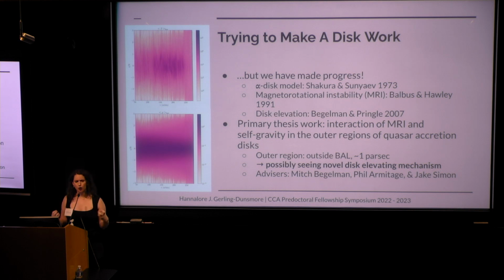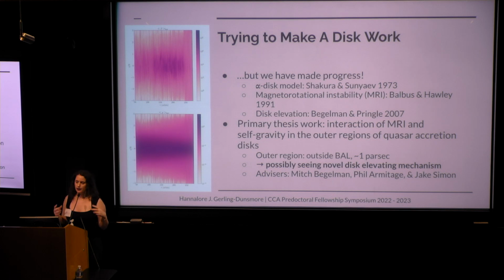In 1991, Balbus and Hawley showed that the magnetorotational instability can provide that effective viscosity. For those who aren't familiar, just a real quick explanation: you have a continuous medium differentially rotating. You send a magnetic field through it. Magnetic fields wiggle, and they get stretched apart. They get pulled together, and that can create, through various processes, angular momentum transport.